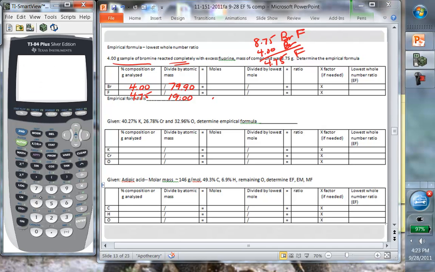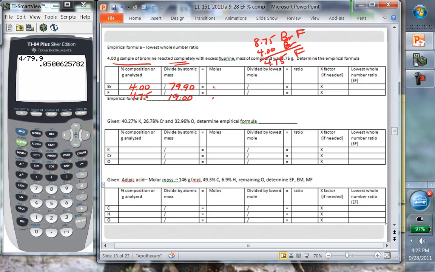So if I divide 4 by 79.9, and notice I didn't put those zeros in because they do nothing mathematically in calculating. And I'm going to use at least 3 significant digits here. And then for the other one, 4.75 divided by 19.